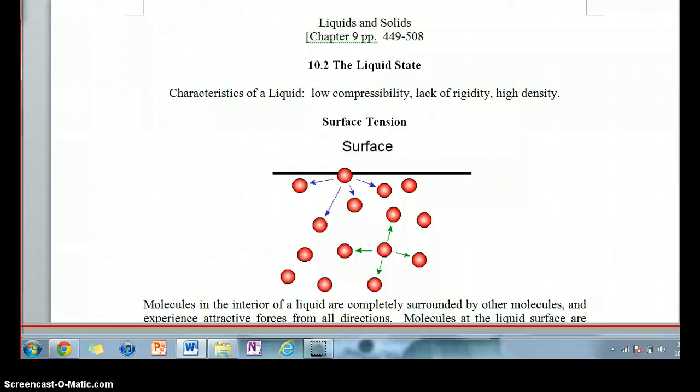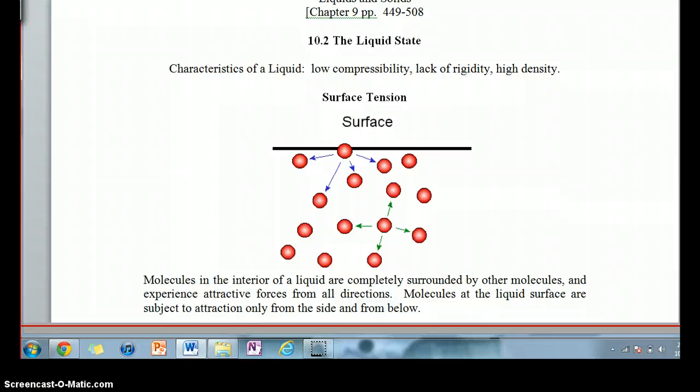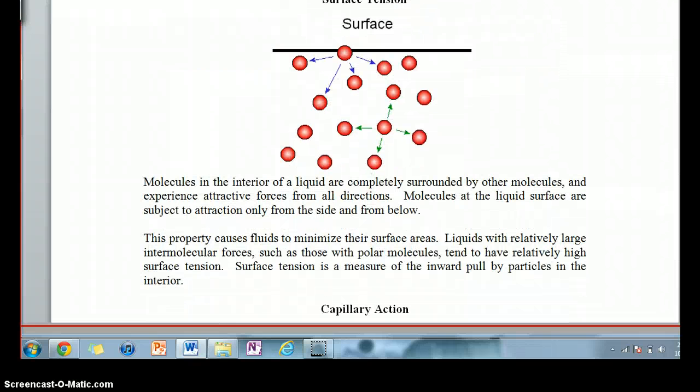The next thing we're going to discuss is some of the properties of liquids. One of the things you need to be familiar with is surface tension. Surface tension is a measure of the inward pull by particles in the interior. If you have a liquid particle sitting on the surface, it's going to experience intermolecular forces with particles to the side of it or below it.